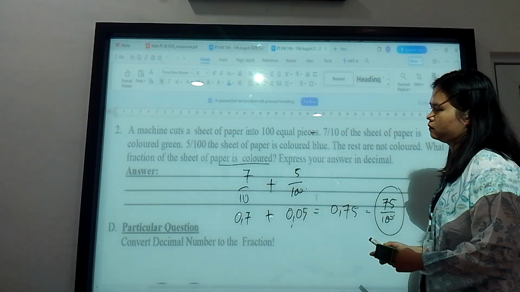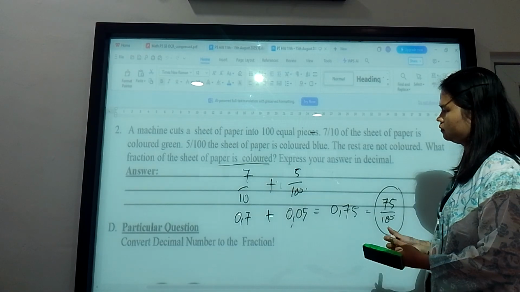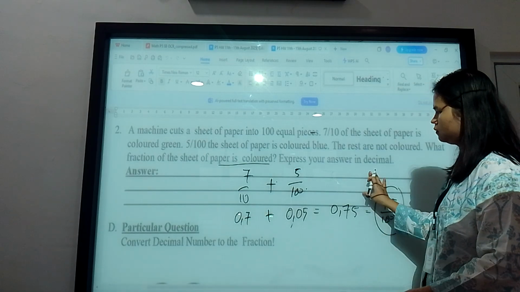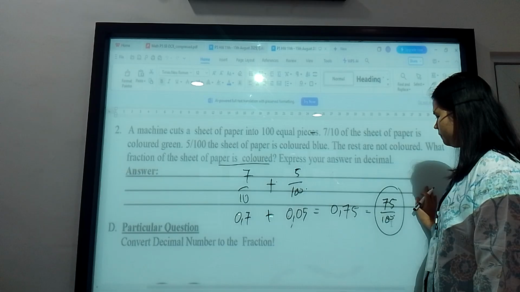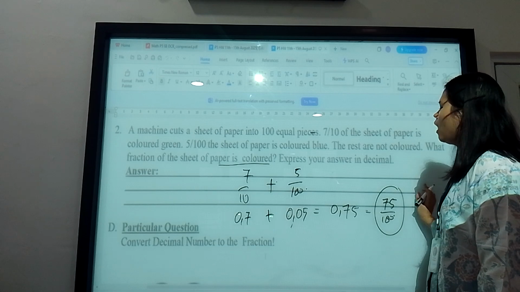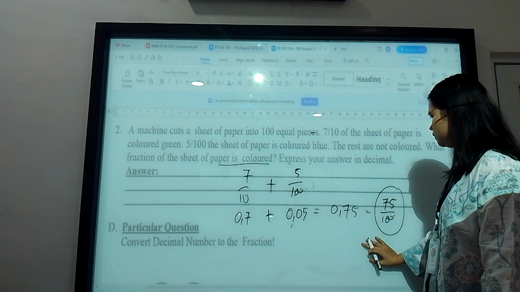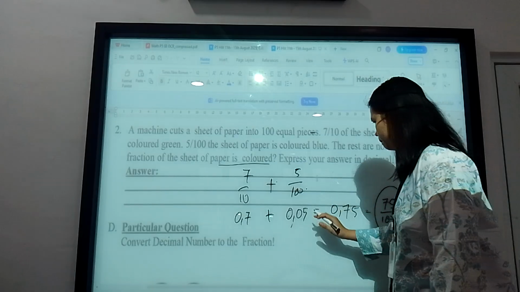Yeah, I know. I mean here, you got the result of 7 out of 10 plus 5 out of 100 is 75 out of 100. So, could you explain how to get the answer 75 out of 100 without changing into decimal first? I mean, you just gave the answer here before, right?